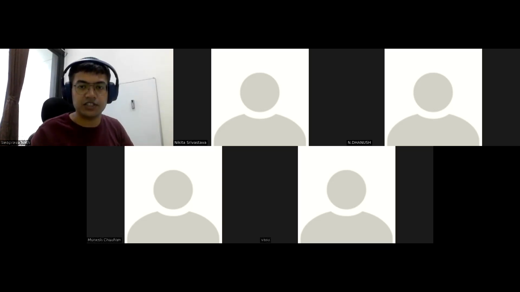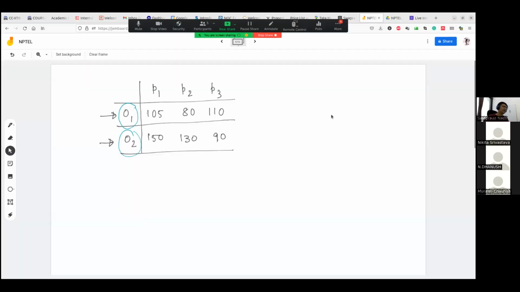Okay, so you haven't shared my screen, so nobody told me about this. Okay, so this is what I was drawing. So now the screen is visible, right? Okay, so now the first thing we need to find out when we do the VCG mechanism is the allocation.